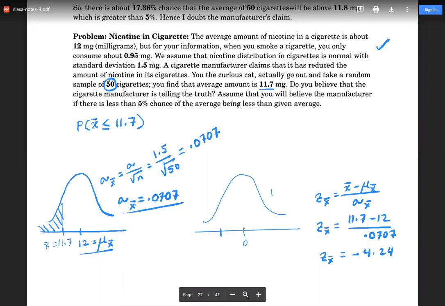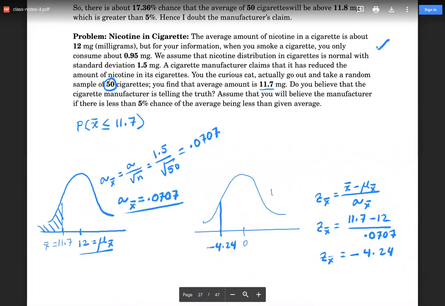Can you please do the calculation with me as well while I'm doing it, just to make sure that I get this right? All right. So this comes out to be negative 4.24.